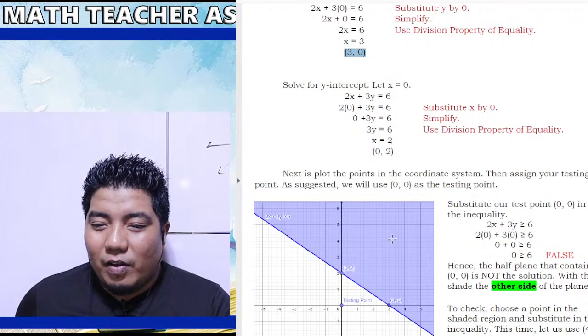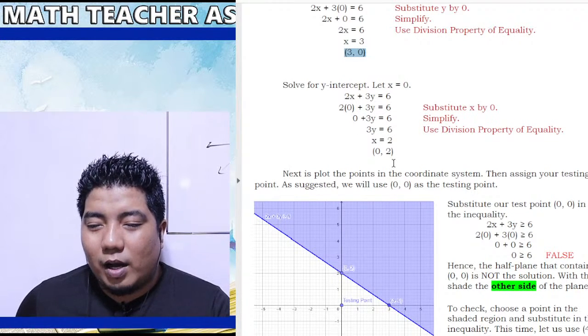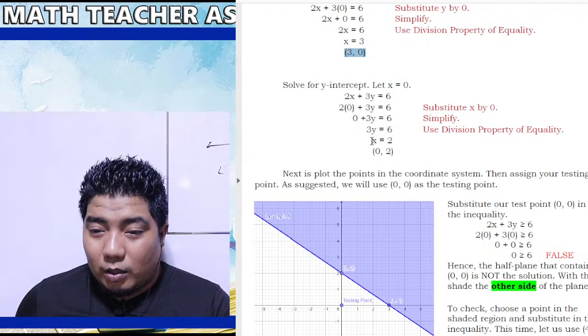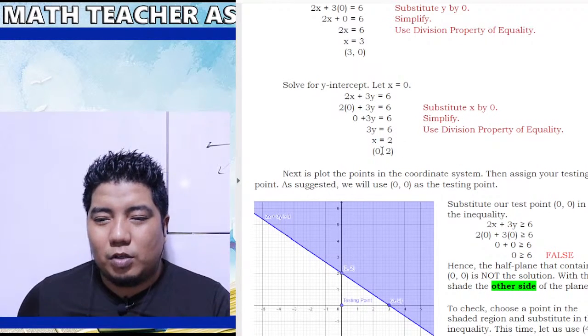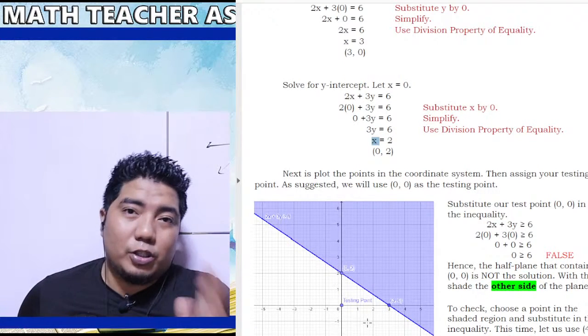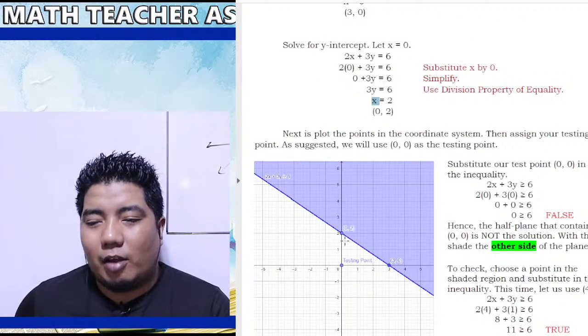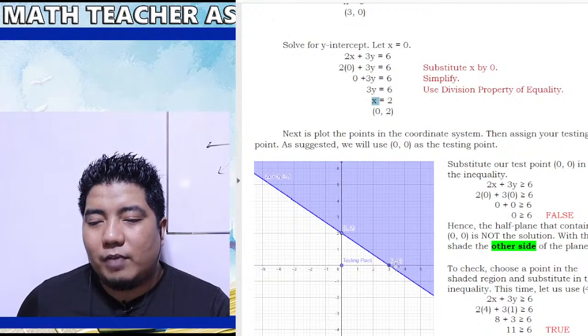And then, for y, we solve for y. So, x is made 0, and we solve for y. So, the value we got is this, y, my dear math learners, y, not x. Okay, just a correction. So, y is equal to 2. So, therefore, 2 here is our y-intercept. The y-intercept is the intersection of the graph to the y-axis. Okay, so we have 2 here for the y, we have 3 here for the x.